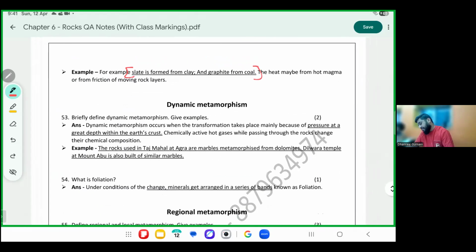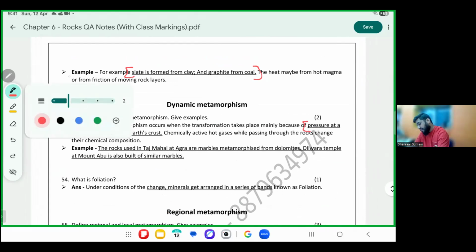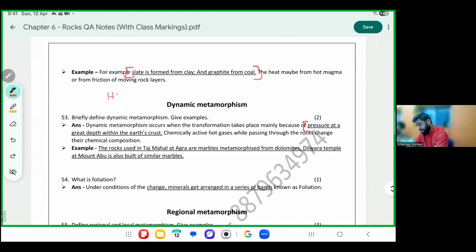Dynamic metamorphism is when the pressure is more. So we write again the same words, HAP, and this time what is more active? Pressure is more active. The previous one, heat was more active.